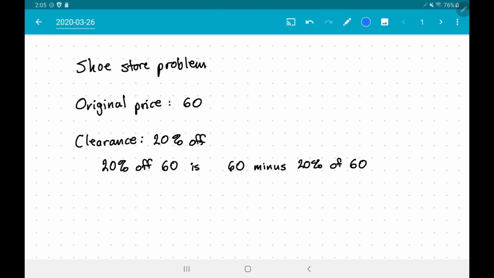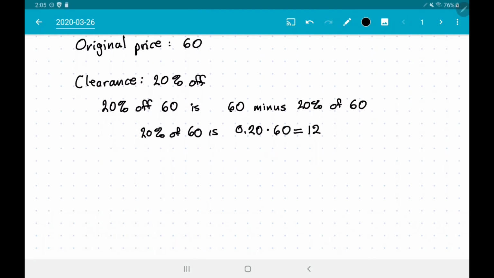So 20% of 60 is 0.20 times 60, and you can calculate that, it's 12. So then 20% off 60 is 60 minus the 12, which you can calculate is 48.